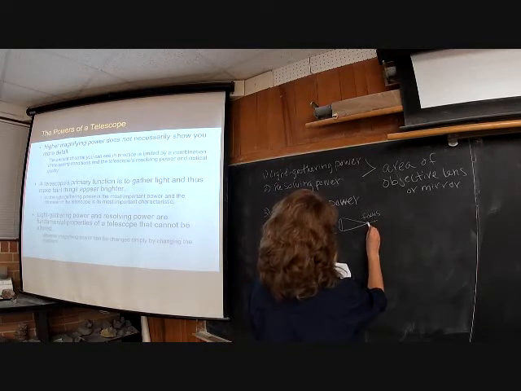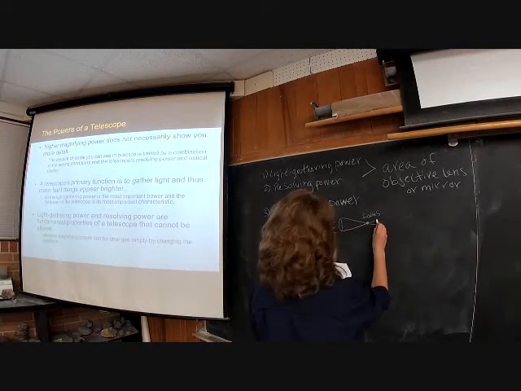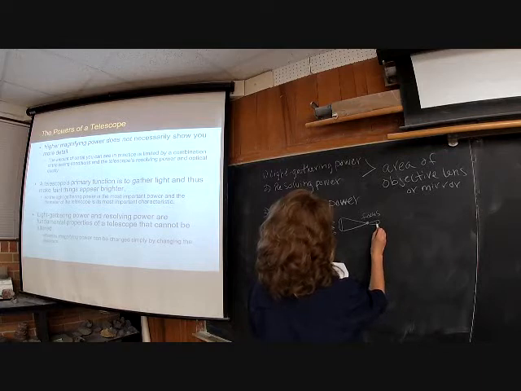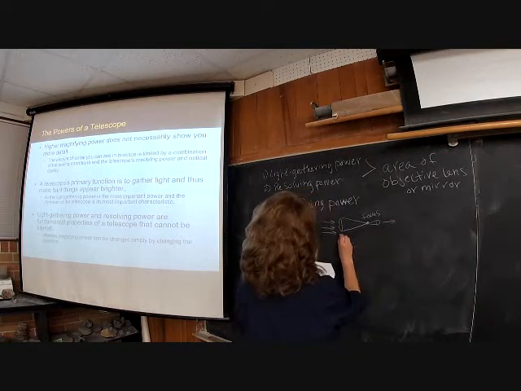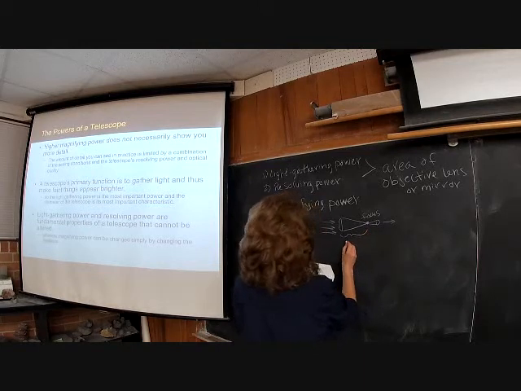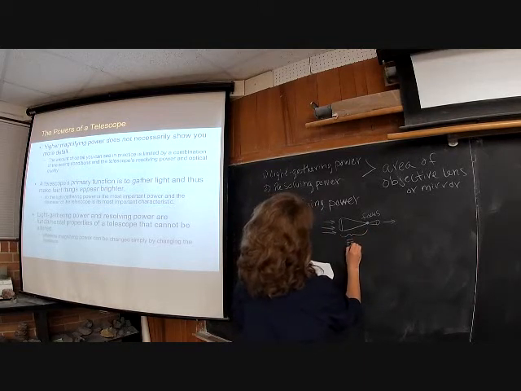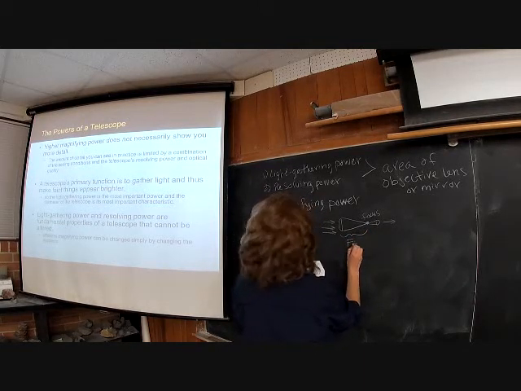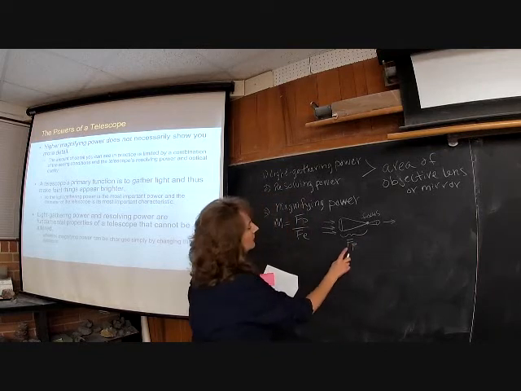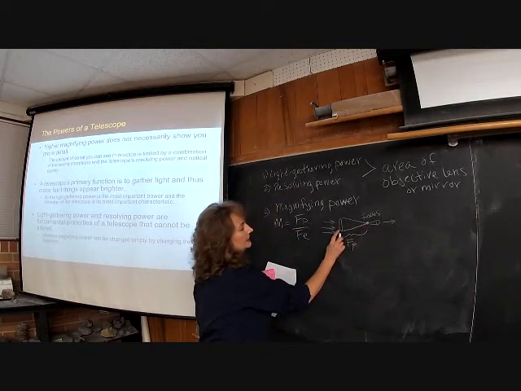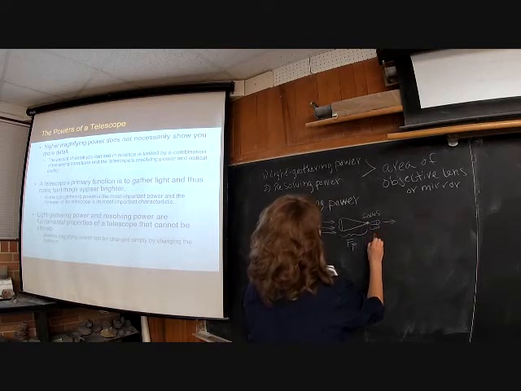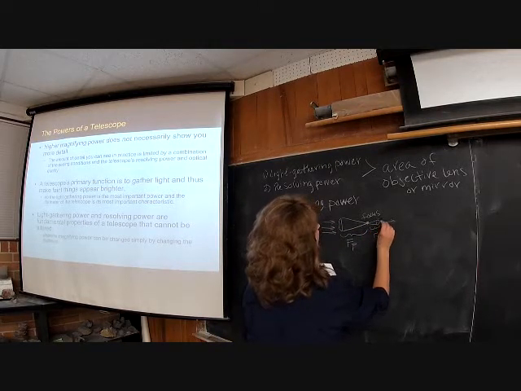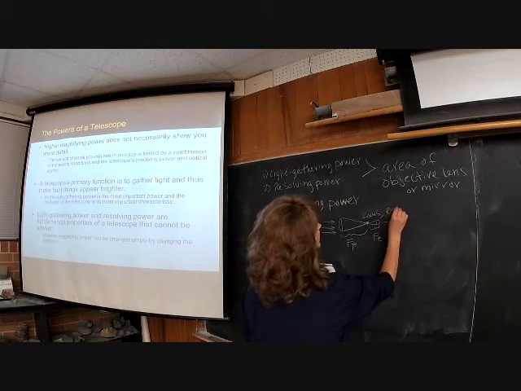You can change out your eyepiece to whatever, and then you'll get your image up there. So this is the focal length of your primary lens, and this is the focal length of your eyepiece, right? So that's the eyepiece.